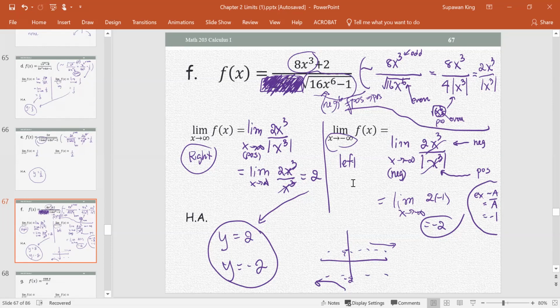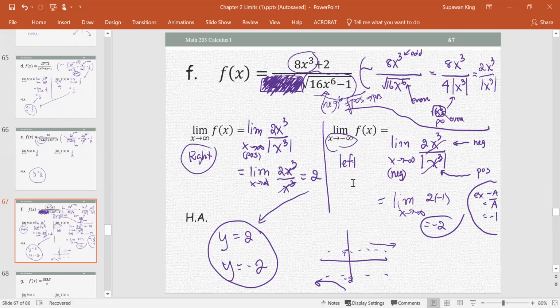That's why it returns positive. We have to keep the absolute value because if it comes in as negative, it gets out as positive. That's the explanation for using the absolute value sign.